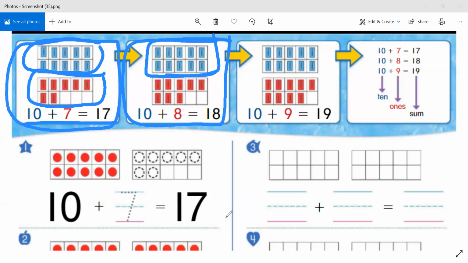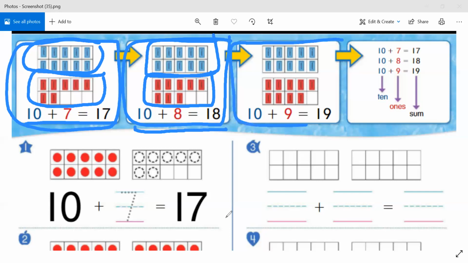So how many more tickets does she need? 8. How do you know? There are 8 counters in the second 10 frame. When that is put together with 10, you get 18. 10 plus 8 equals 18.